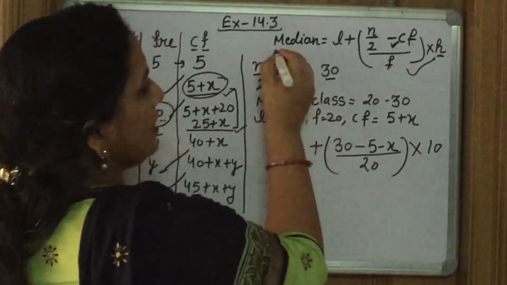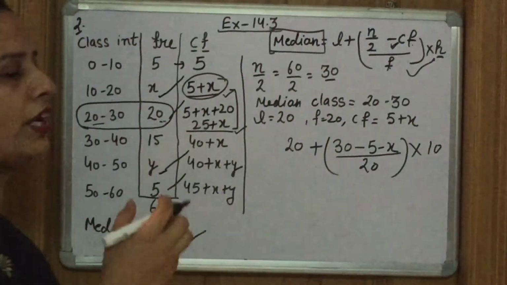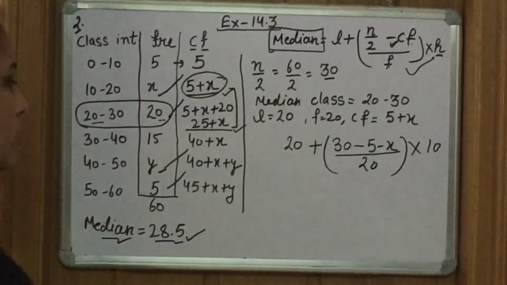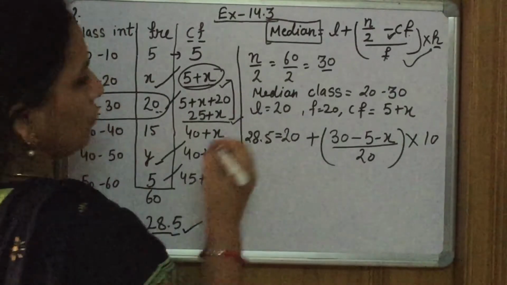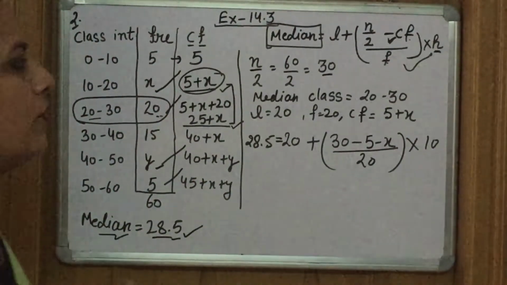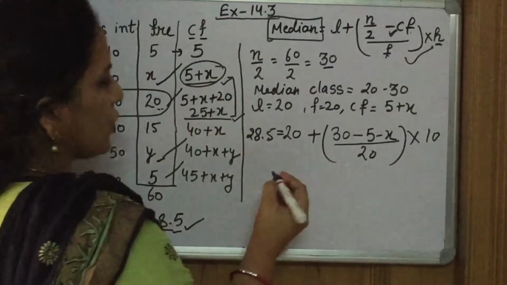On the left hand side we write median, but we have the value of median also in this question, that is 28.5. So we have to write this value also in this formula. Now just do the calculation.